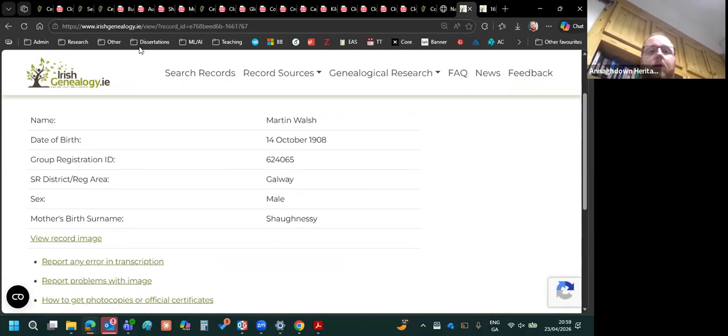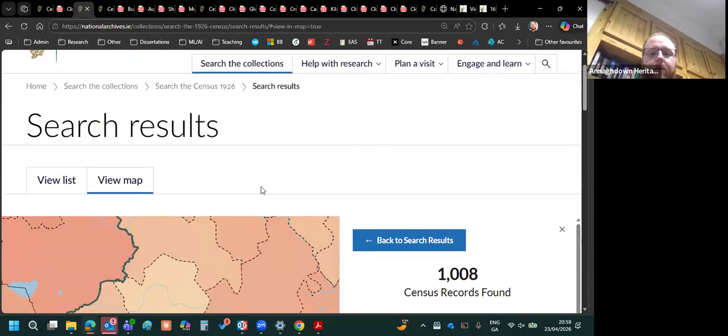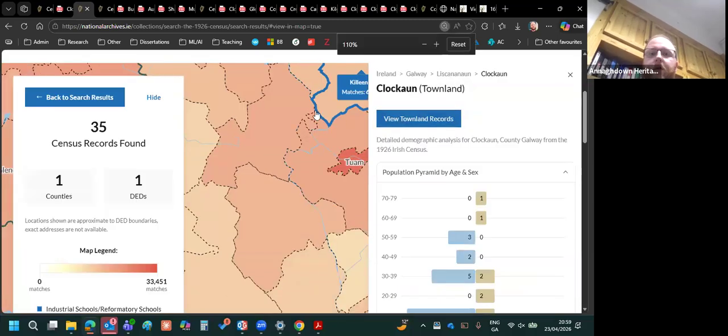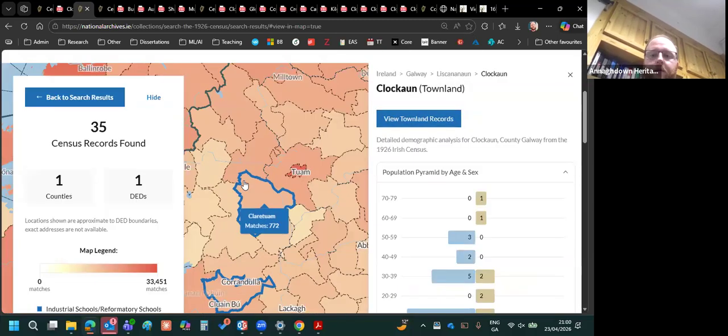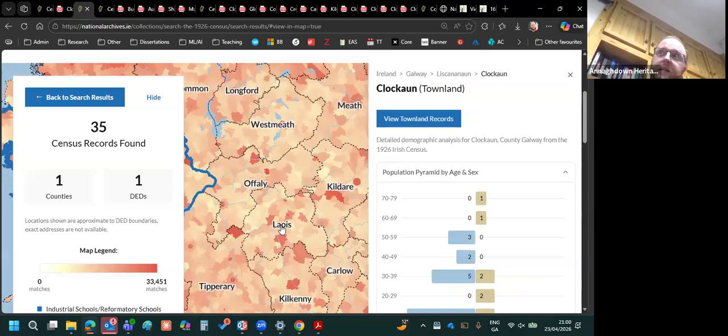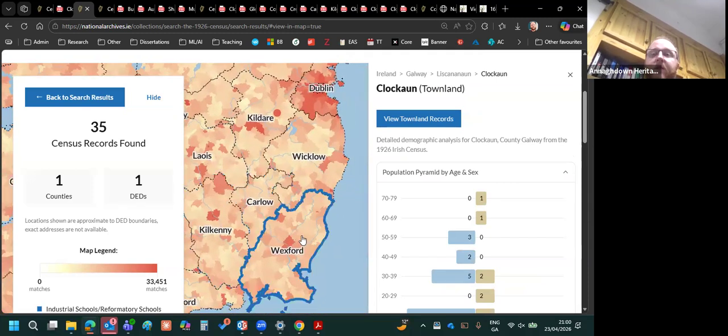Wicklow County, the DEDs and the townlands are there. I have a great grandfather in Wicklow. Do you think he'd be in the same place as 1911? Well, you could certainly find out.